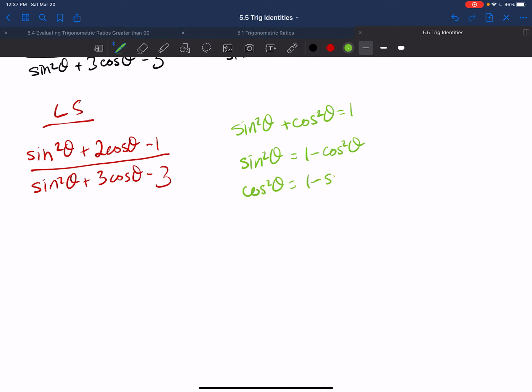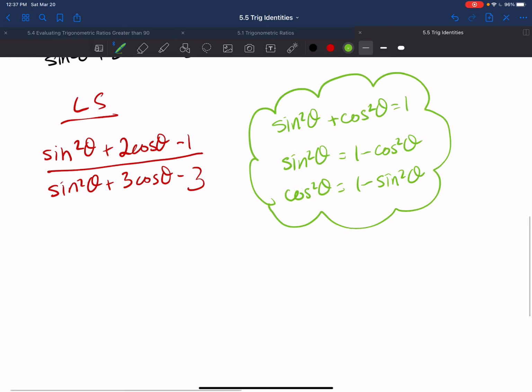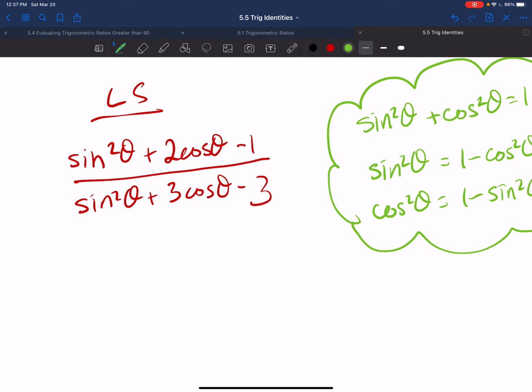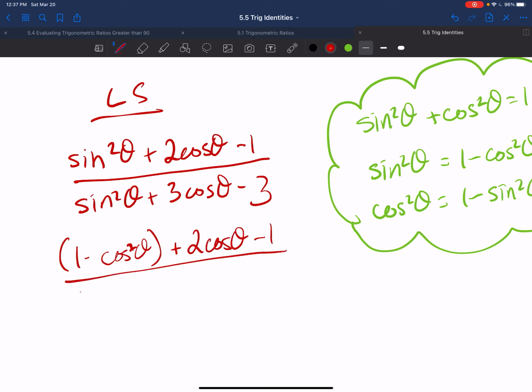So in this case, I'm going to take that sine squared theta and replace it with 1 minus cos squared theta. And the reason I'm doing that is I'll be left with a quadratic still.